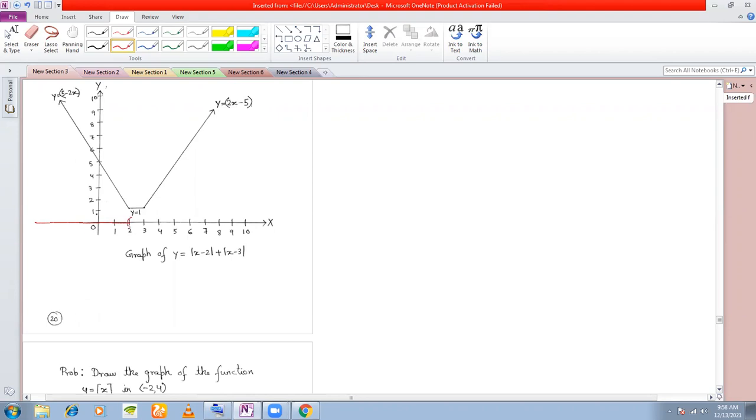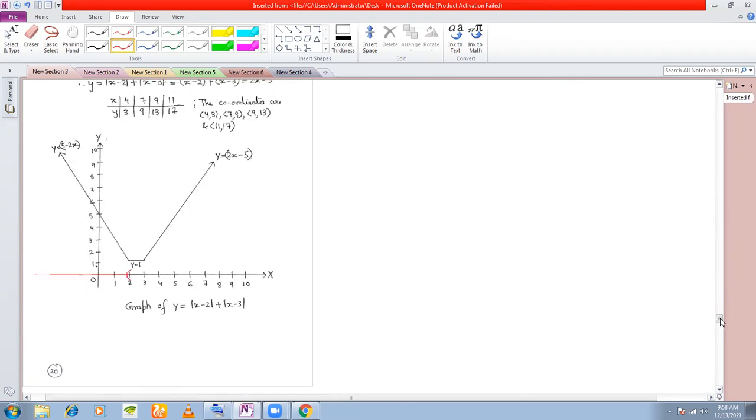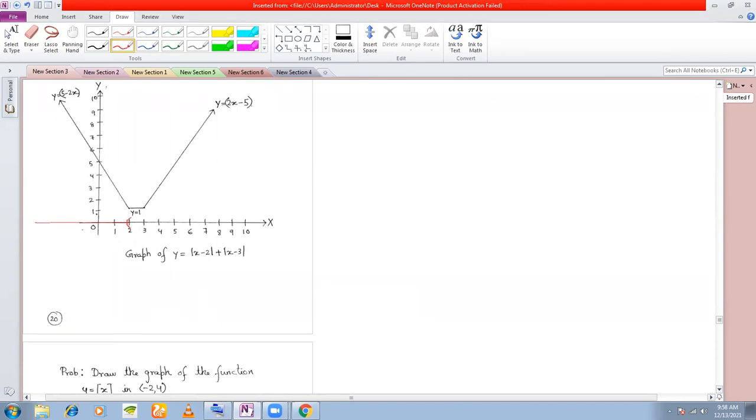So I have plotted (−5, 15), and then the point (−3, 11) somewhere over here, right? Similarly, 4 points I have plotted, and I have joined these 4 points with the help of a straight line. So this is the part that I am getting for values less than 2, that is in the interval minus infinity to 2.